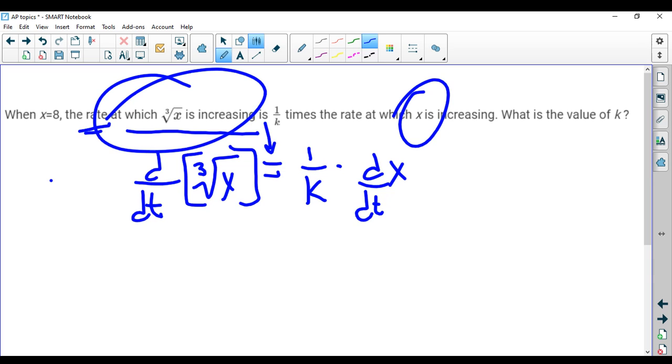So now we take the derivative with respect to t. So this is x to the 1/3 over here.